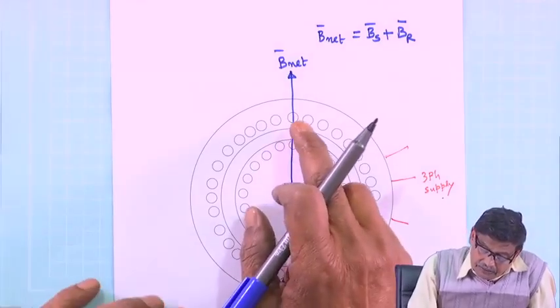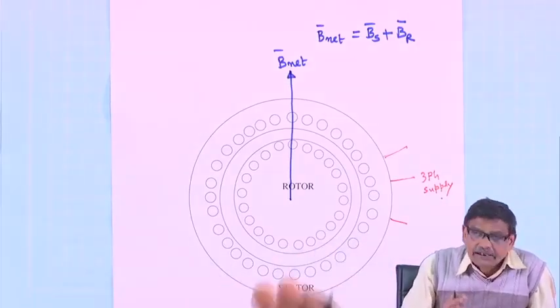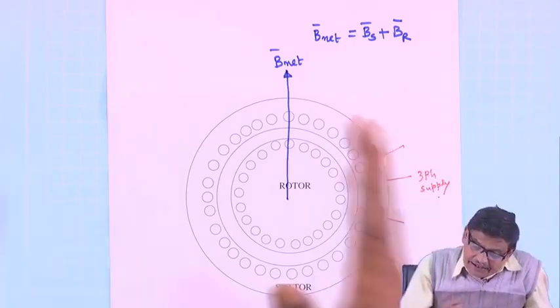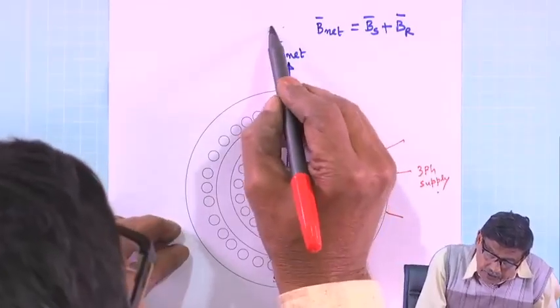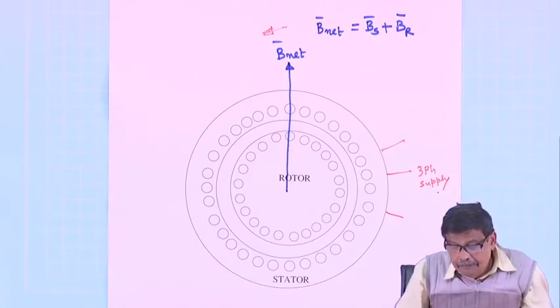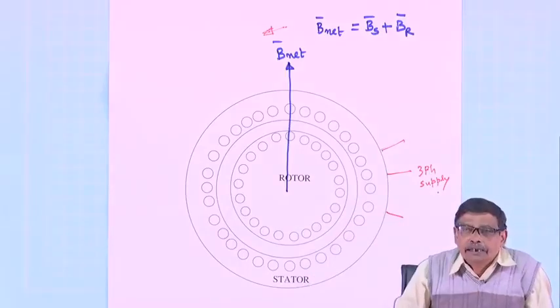And I am certain about these points, that at this instant when B net is moving like this, no doubt, when it is vertical like this, at that instant the direction of B net is the peak value of B net.